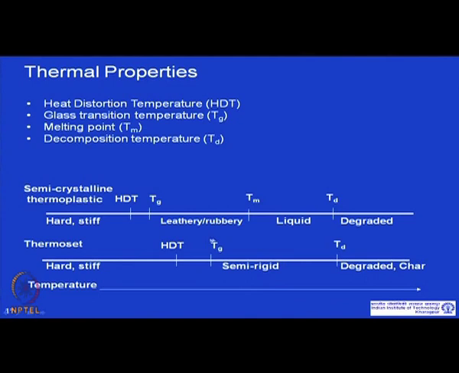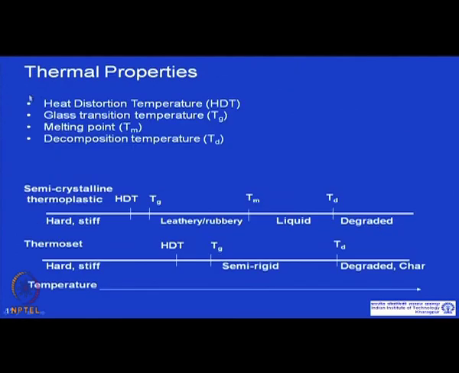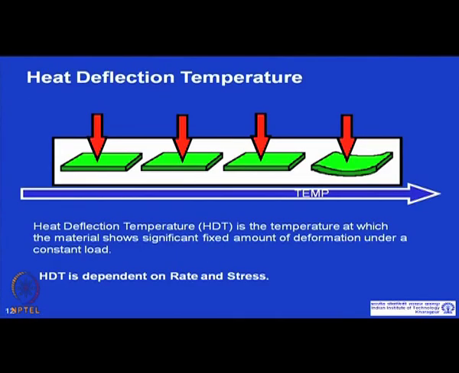For thermosets, you have HDT and Tg, and then finally the decomposition temperature. We talked about the glass transition temperature and melting point earlier. So, we want to discuss the other thermal behavior of polymer with temperature.